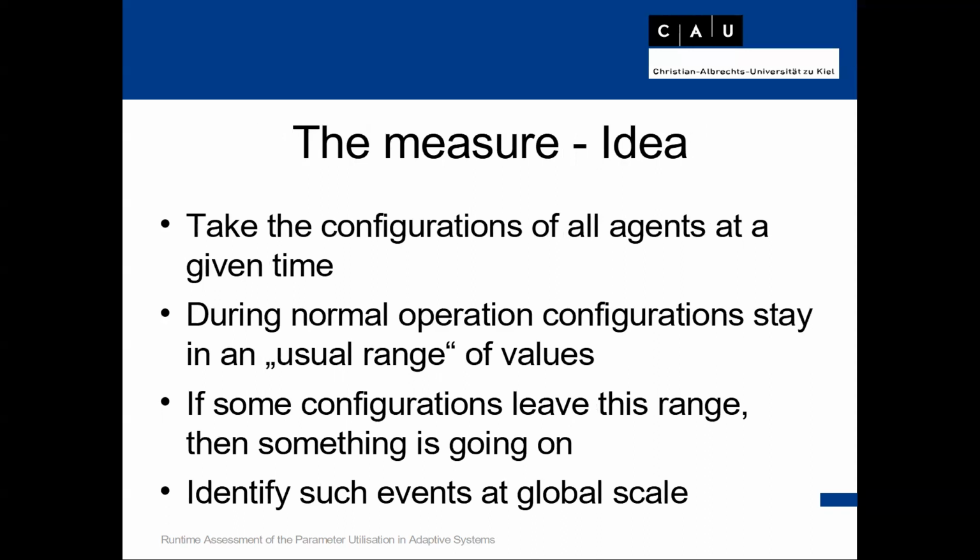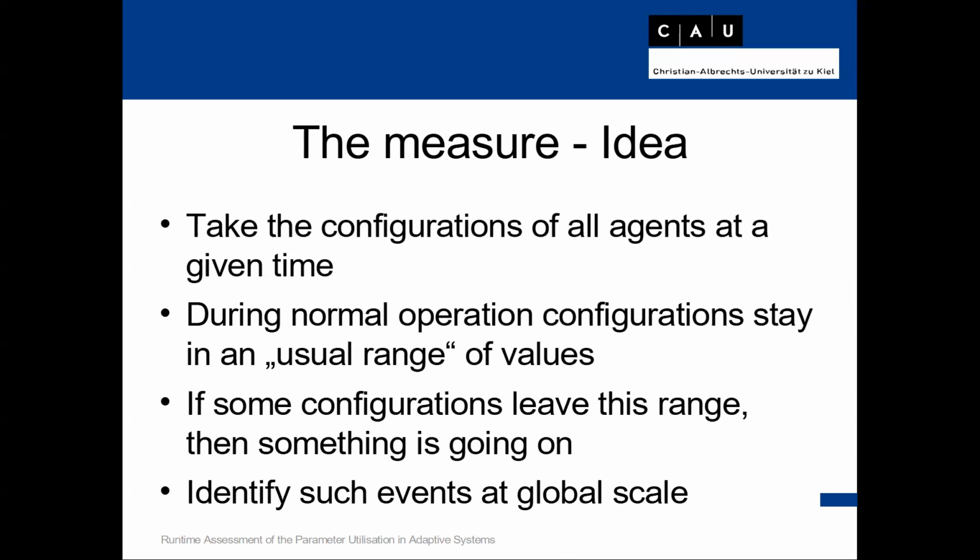The idea for the measure we are presenting is that we take all configurations of all agents at a given time, and we assume that during normal operations, these configurations stay in a usual range of values.